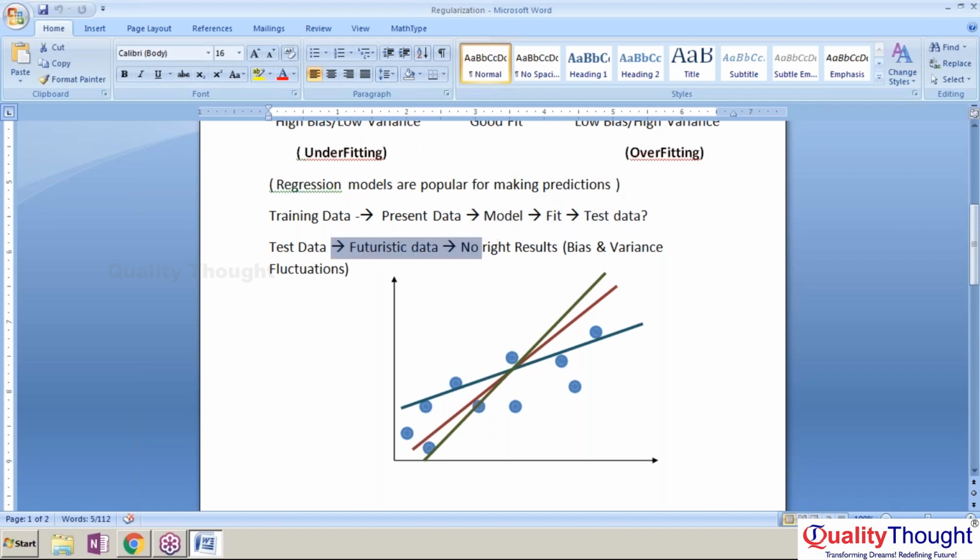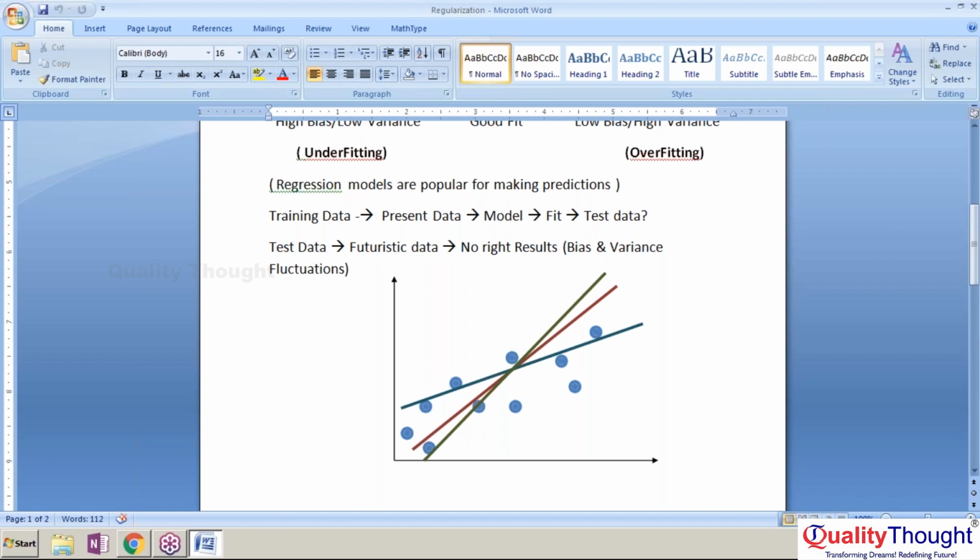With futuristic data, you will not get the right results if you have bias and variance fluctuations. So we need to fix the regression model, or any other model, without such bias and variance fluctuations.